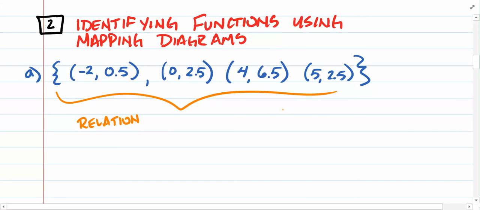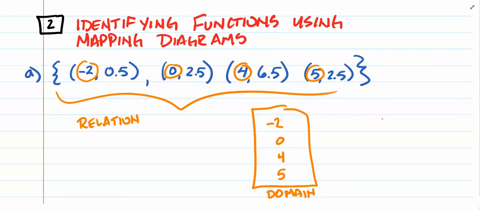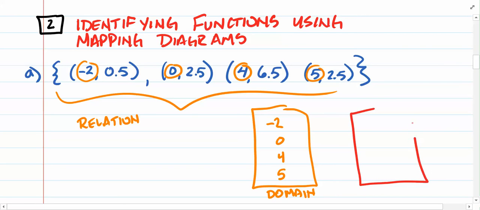So what you're going to do is draw a box, and inside the box you're going to put all the x values. So I have -2, 0, 4, and 5. Those are all of the x values, -2, 0, 4, and 5. This is going to count as your domain. Then you're going to draw a separate box over here, and inside that box you're going to put all your y's.